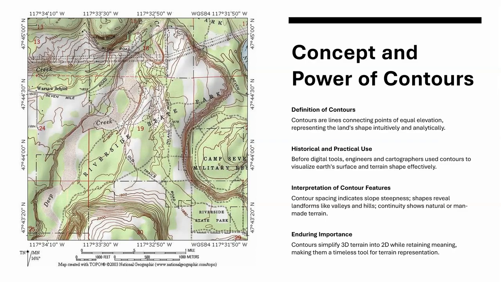And continuity tells flow. Smooth, evenly spaced contours suggest gradual, natural terrain. Jagged or irregular contours will likely reveal man-made cuts or even errors. In other words, contours allow the human eye to instantly grasp the lay of the land. That's why they've endured for centuries, even as digital modeling has advanced.